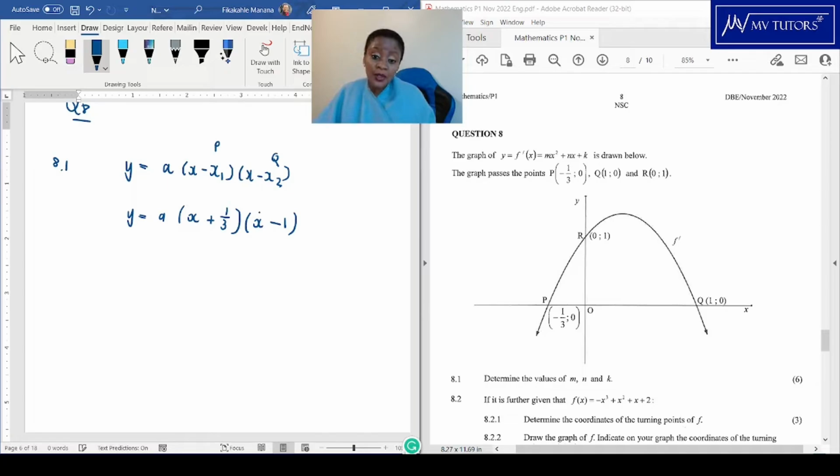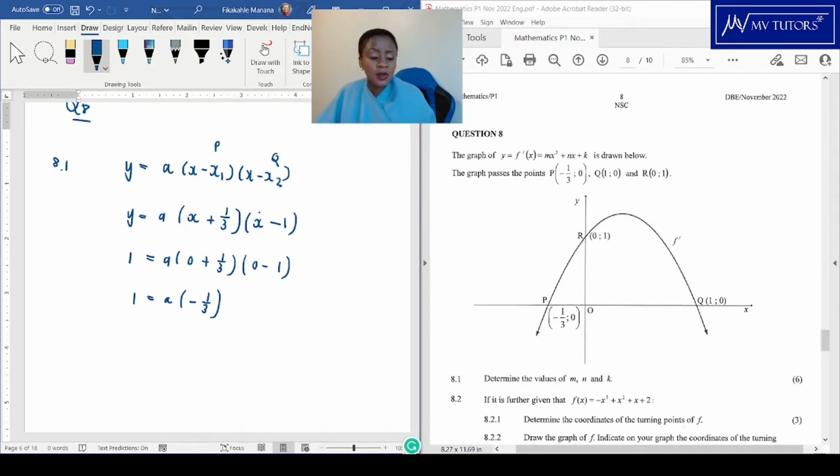Then we can now put in the y-intercept, which is (0, 1). So in the place of y, we put 1, and in the place of x, we just put 0. Now our only unknown is a. So 1 is equal to a, and we have a third multiplied by negative 1, which is negative a third. We are expecting our a to be negative because we have a sad face parabola.